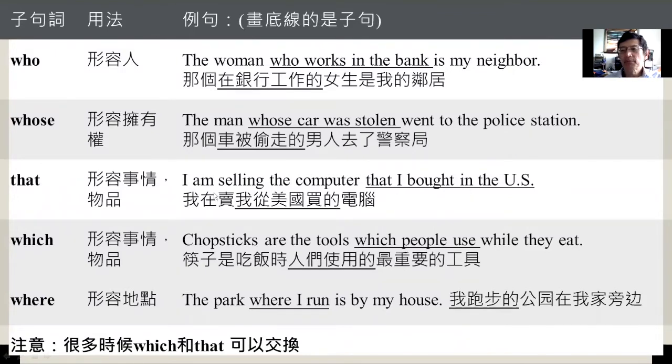It means the same thing as what is shown here. I am selling the computer that I bought in the US. Same with this one too. Chopsticks are the tools that people use while they eat. You can also say what's shown here. Chopsticks are the tools which people use while they eat. It really means the same thing.